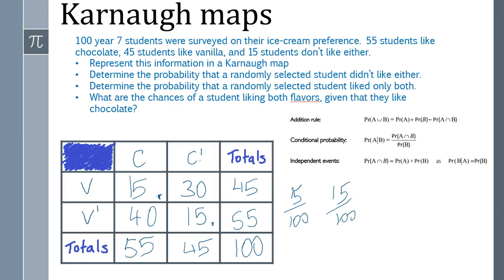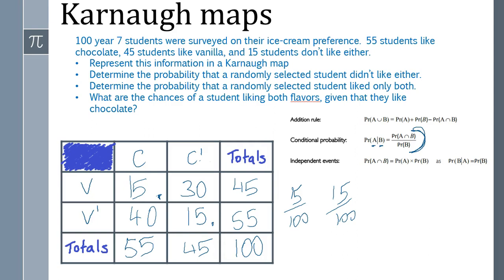What are the chances of a student liking both flavours given that they like chocolate? Now, this is a conditional probability. They're telling us that they already like chocolate. What is the probability of picking a student out of the people that like chocolate that likes both? Okay, and that's this here. So the probability of A happening given that B's already happened. So the probability of a student liking both given that they like chocolate.